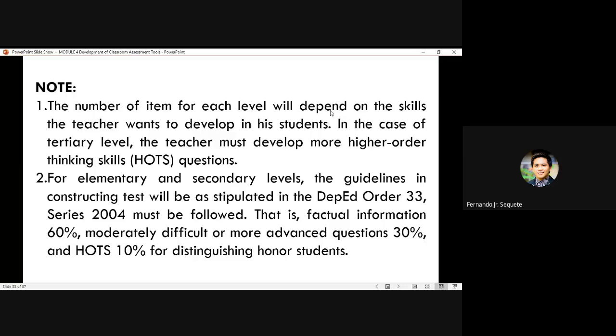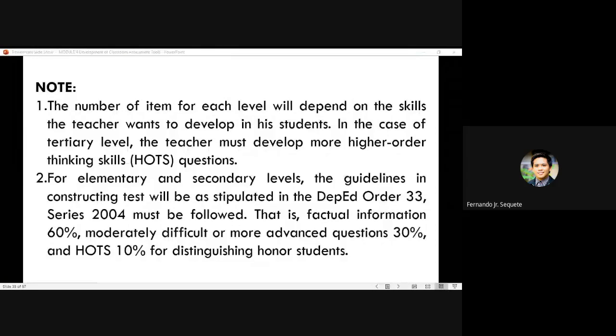But so far, the distribution according to DepEd Order 33 series of 2004 is for factual information. Factual information is remembering, like what is the definition of photosynthesis, what is the color of the sky, what is the color of the water.